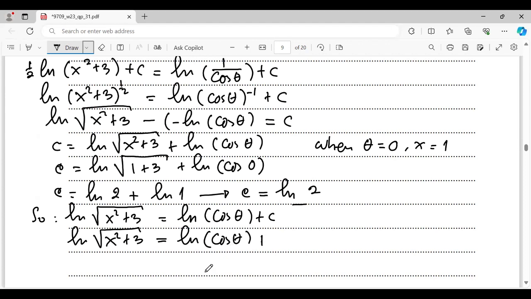So it is, now this, oh yeah, this is minus ln cos theta plus ln 2, which equals ln 2 minus ln cos theta.